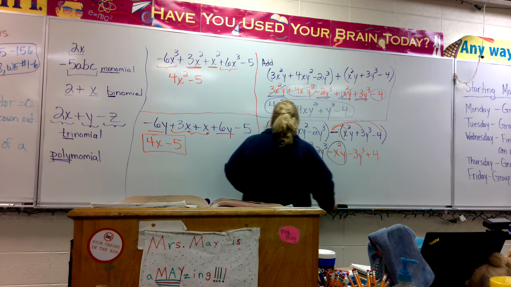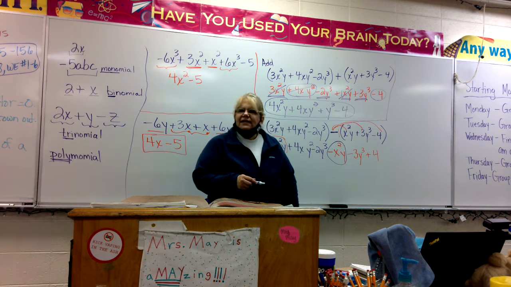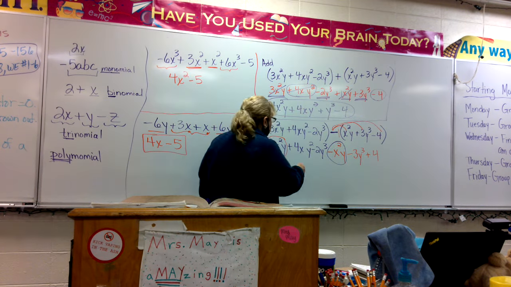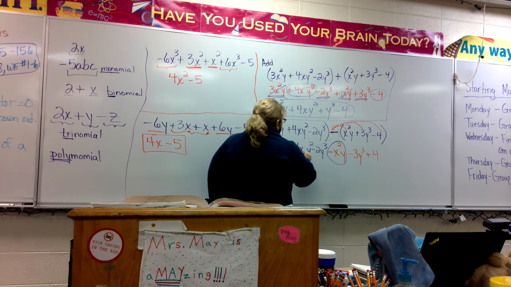Right there. So how many x squared y's do I have altogether? 3. Take away 1. How many is that? 2. Then what? 4 x squared y's.